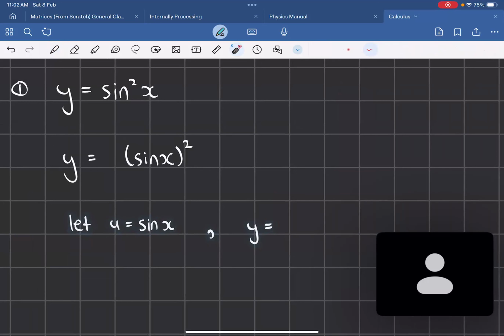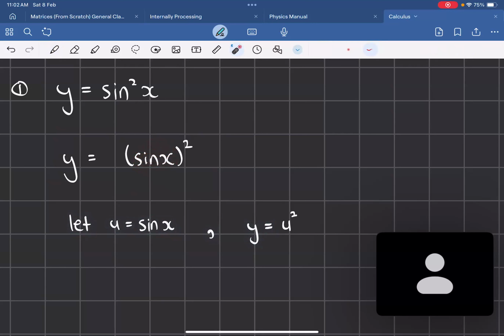U. Okay, so look at this expression. If I replace sine x with u, what does the expression now become? y equals u what? U squared, because this is u now.